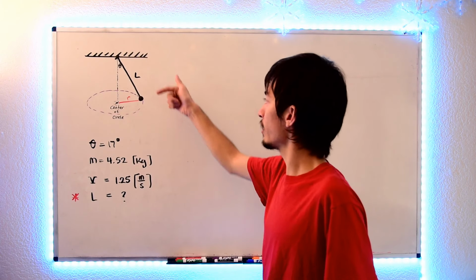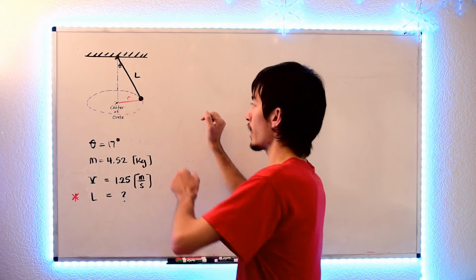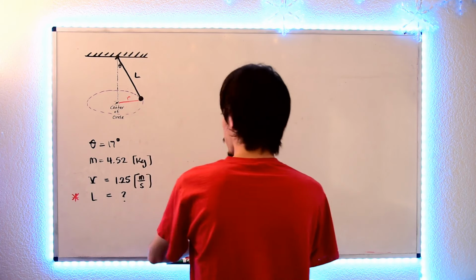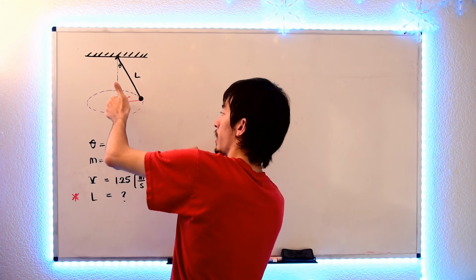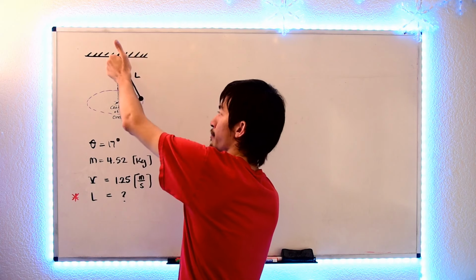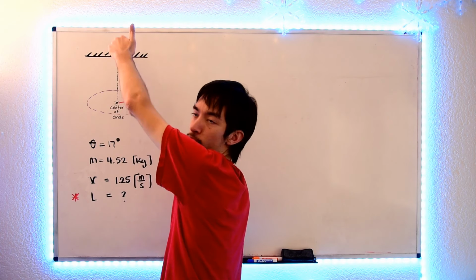So there has to be a way to relate this length to the circle here. And the way to do that is to realize that there is a right triangle here. Because this is a vertical line here, the circle is horizontal, so that radius is a horizontal line, so that makes a right angle. And the length is the hypotenuse of that triangle.